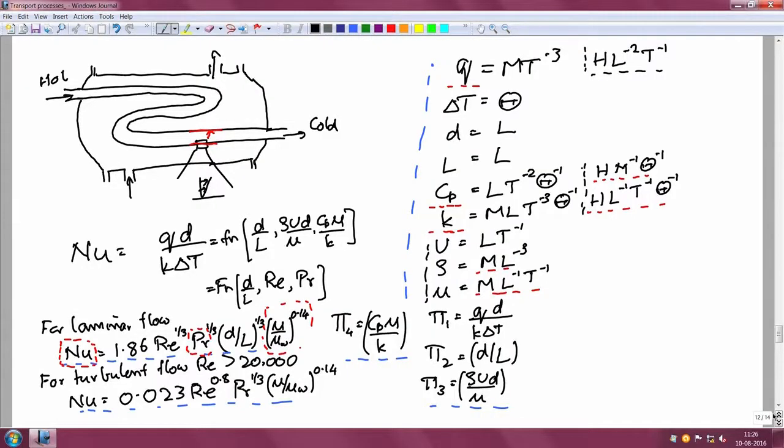Okay. We had done an example of a heat exchanger, if you recall, in the lecture before last, where the dependent quantity is an average heat flux, and that depends upon the temperature difference as well as a relatively large number of parameters.